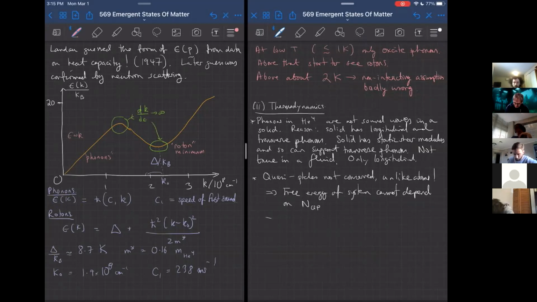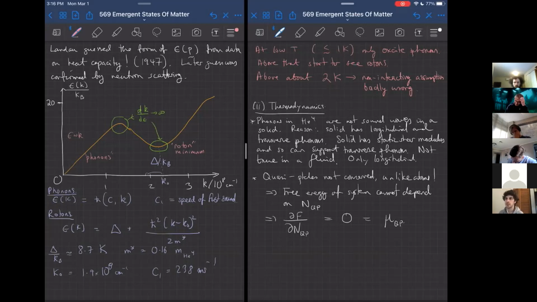And so that means that the derivative of the free energy with respect to N is equal to 0 because it doesn't depend on it, and dF/dN is what we mean by the chemical potential.